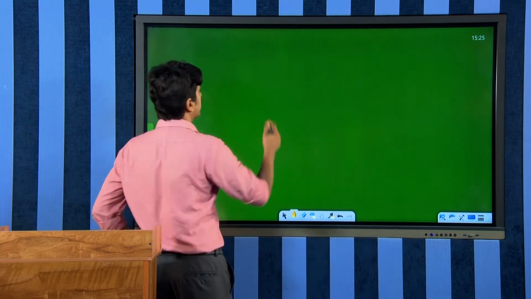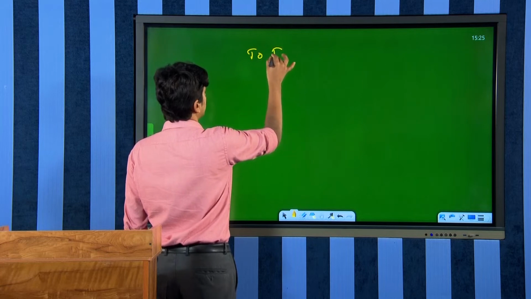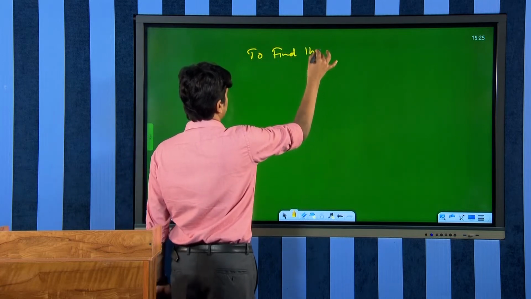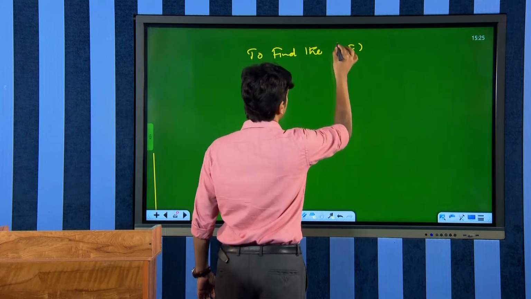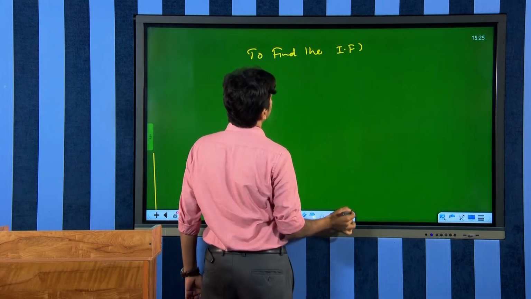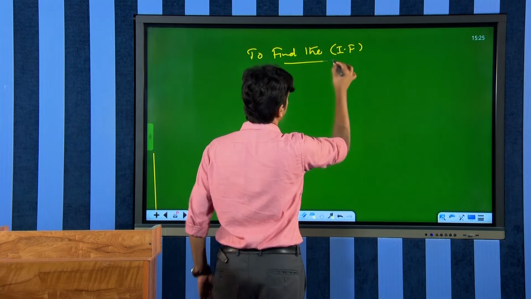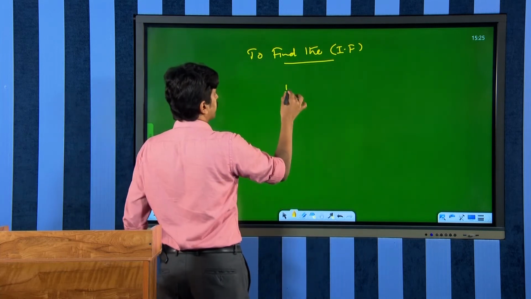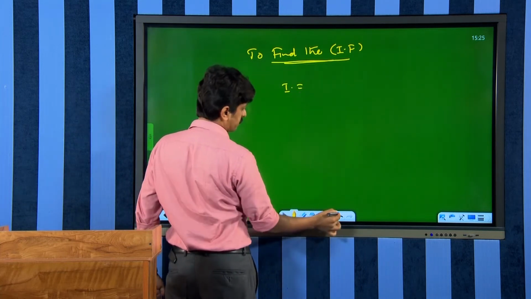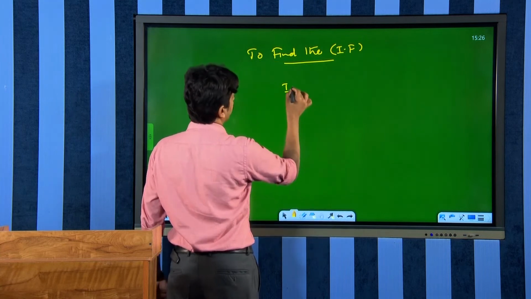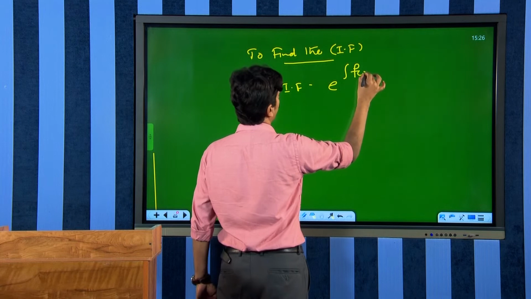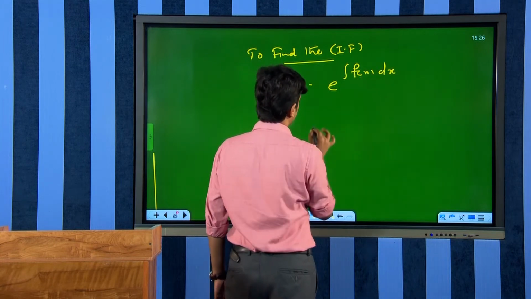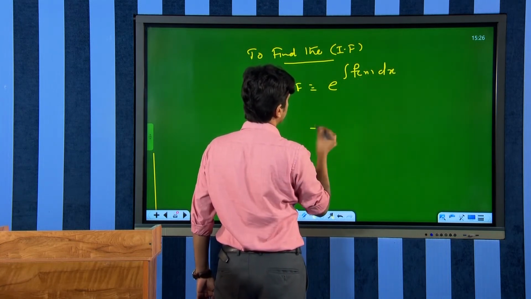To find the integrating factor, it is equal to e raised to integral of f of x dx.